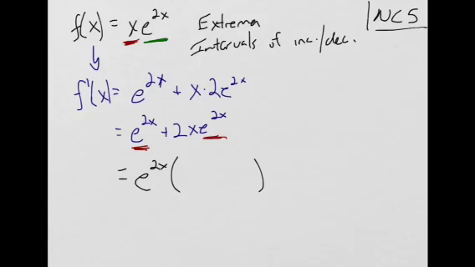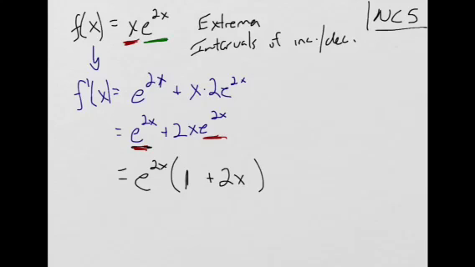The first term, e to the 2x, is the only thing there, so I need a 1 there, so that when I multiply my e to the 2x back in, I get this thing. And then the other part is plus 2x. You should be pretty good with that.